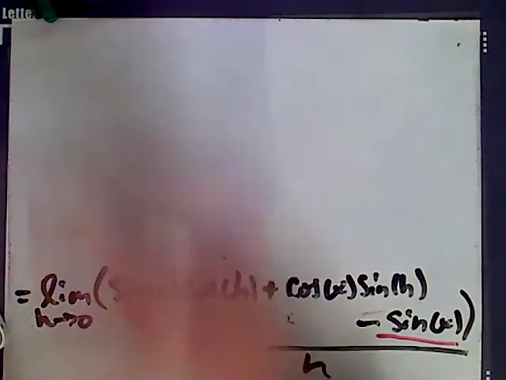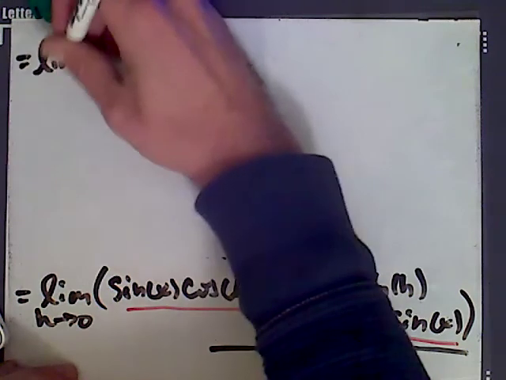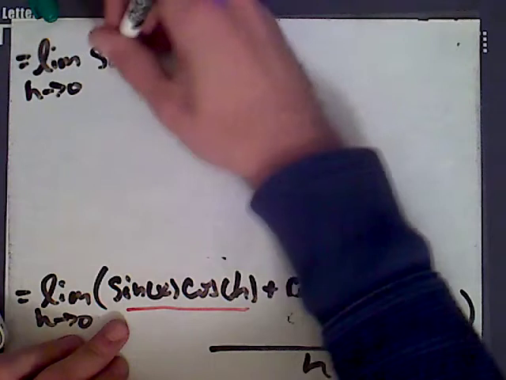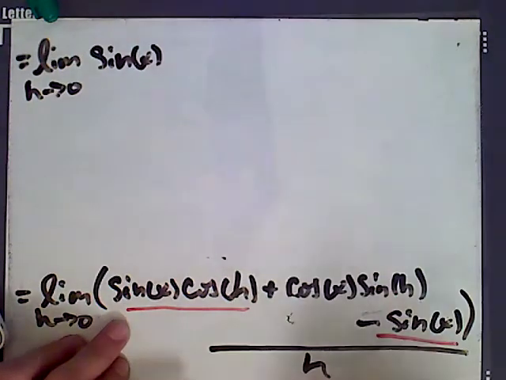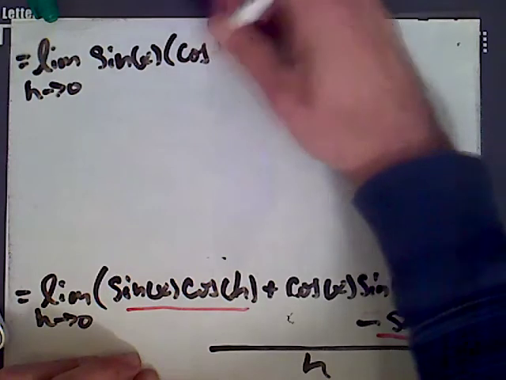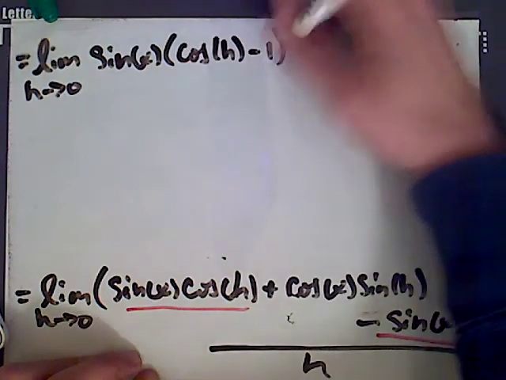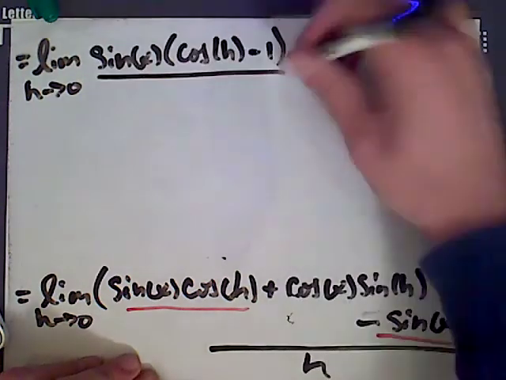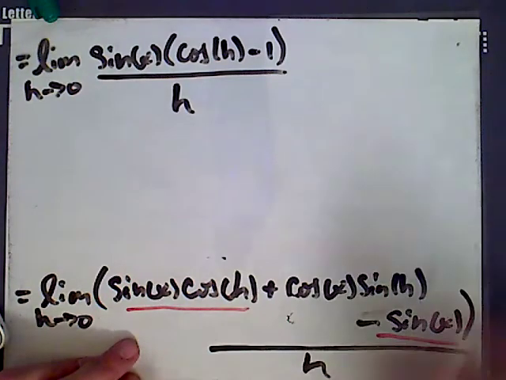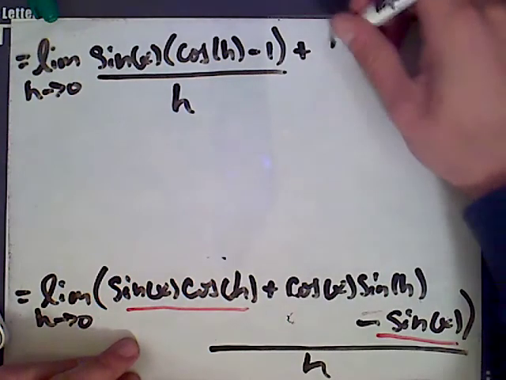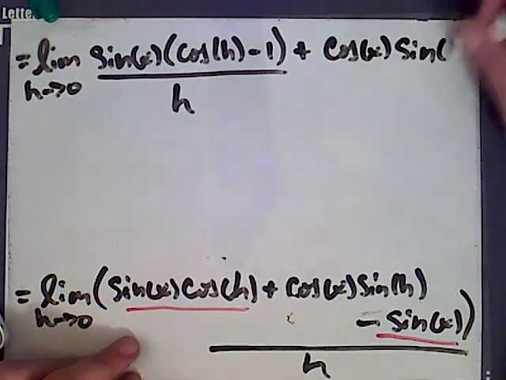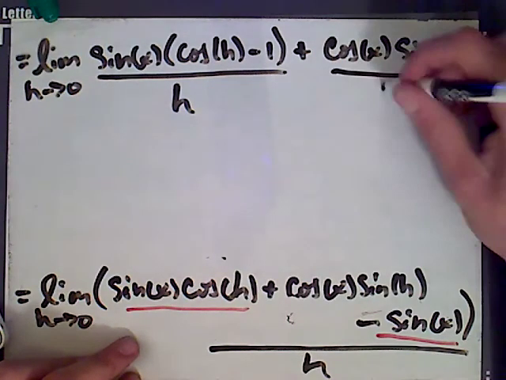So we're going to rearrange our limit to look like this. We factor out a sine of x in this common term. Then what's left is cos of h minus 1, divided by h. These two terms combined. And then we have this term here plus cos x sine h divided by h.